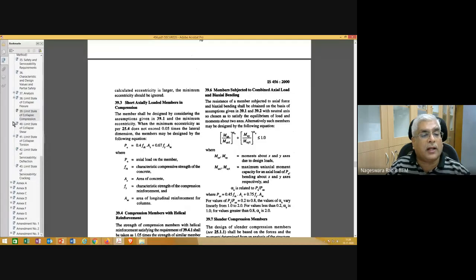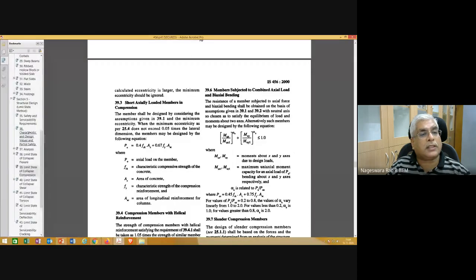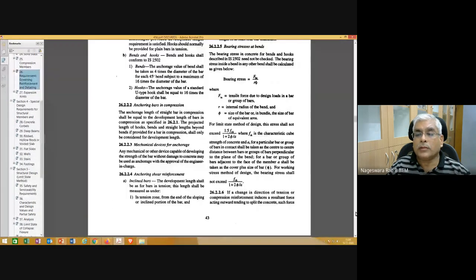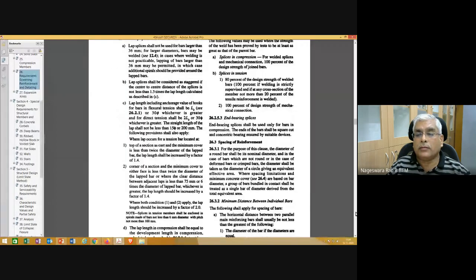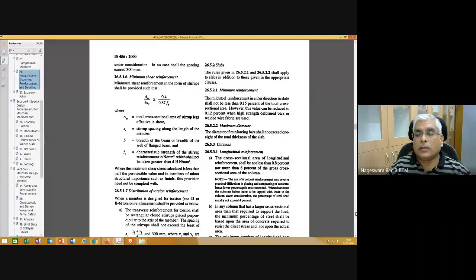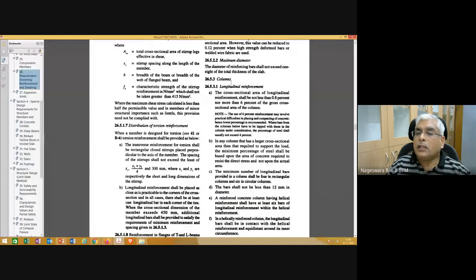It's given under this one here, 26, Columns. Cross-sectional area of longitudinal reinforcement shall not be less than 0.8%, and also it shall not be more than 6%.